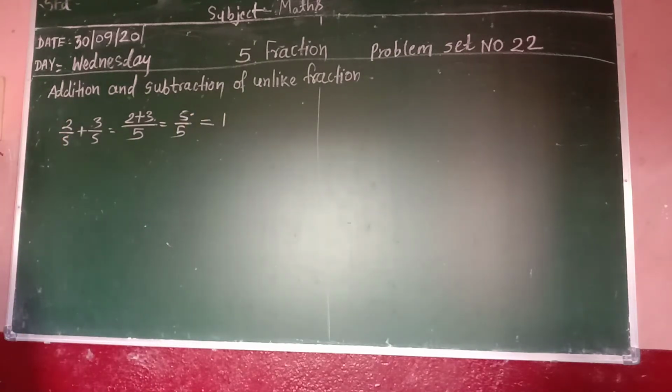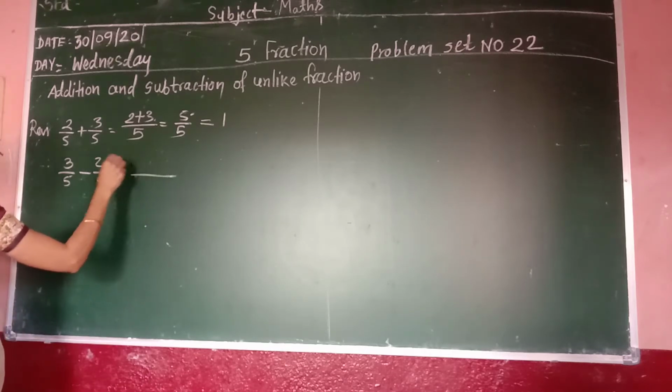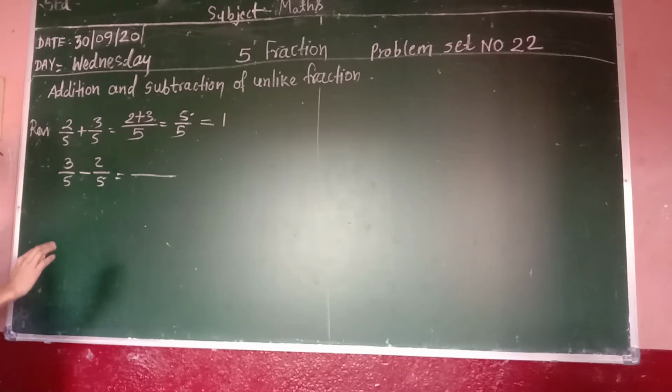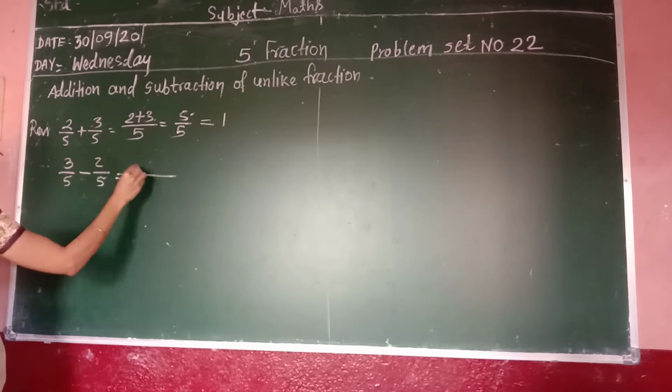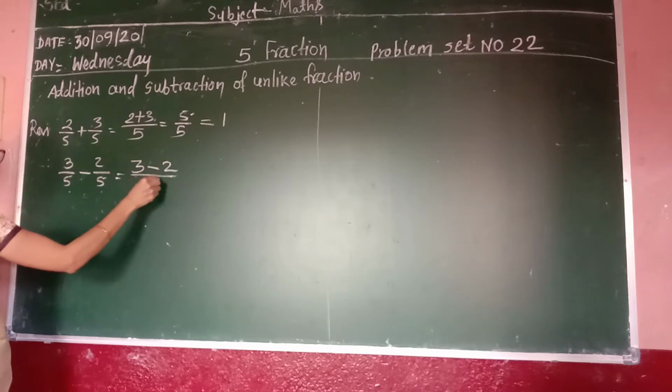And when it is subtraction of like fractions, here is a revision: 3 upon 5 minus 2 upon 5. Here we subtract the smaller numerator from the bigger one and write the denominator as it is.